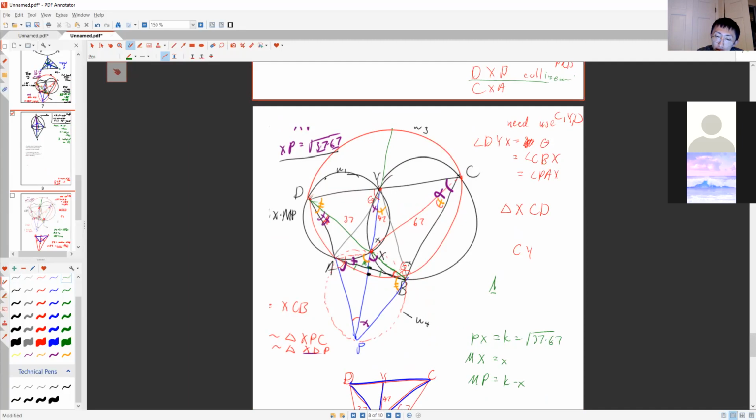The reason that I know X is the symmedian point is that I think this exact configuration showed up on 2009. Yeah, let's see. Maybe I can find the problem.